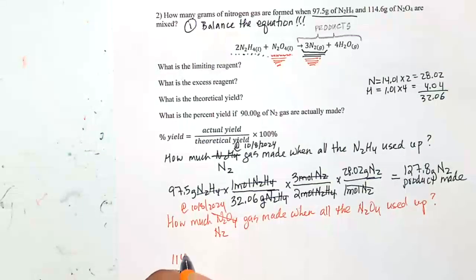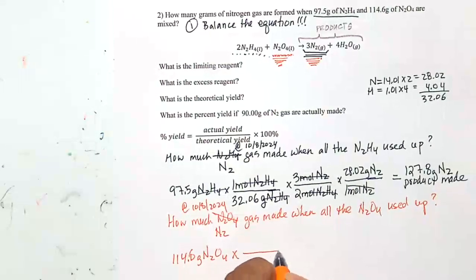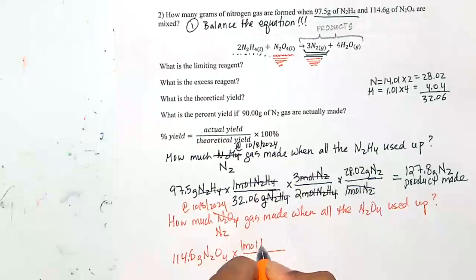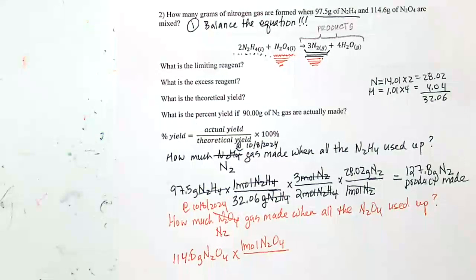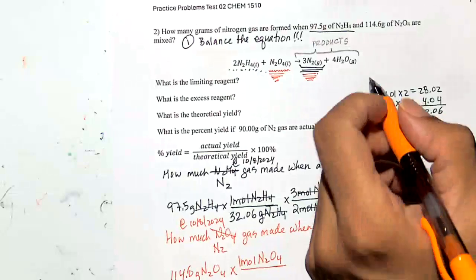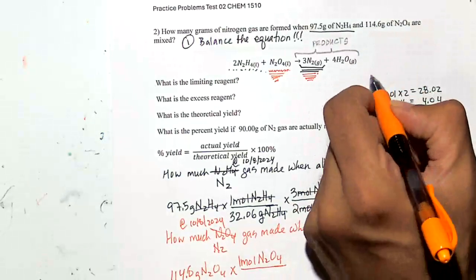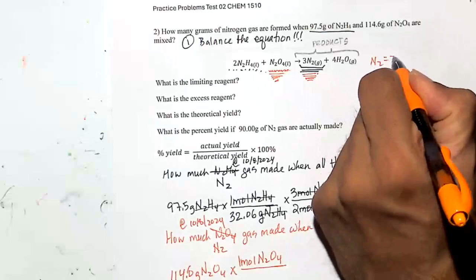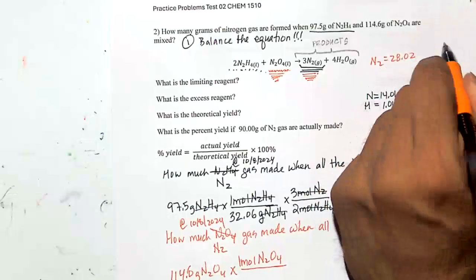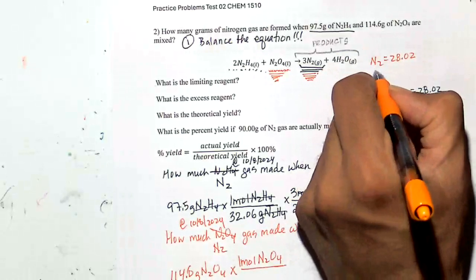So we have 114.6 grams of N2O4. Let's go ahead and convert that to moles. N2 is about 28.02.